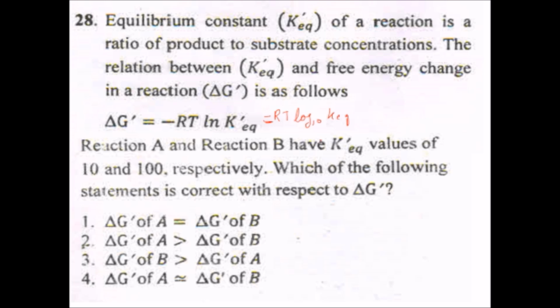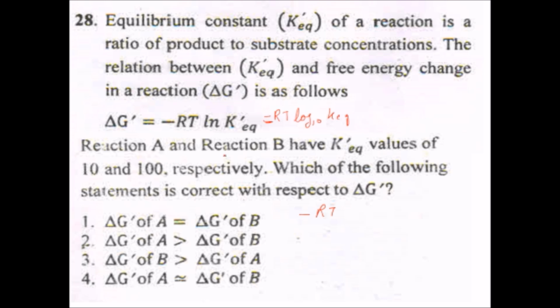It means when we calculate Ke, the equilibrium constant for reaction A, what will be the log of 10? It will be 1. So we can get only minus RT. And the equilibrium constant for reaction B will be 100. What will be the log?